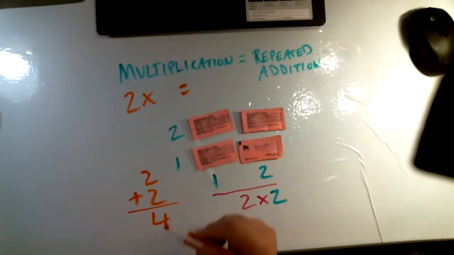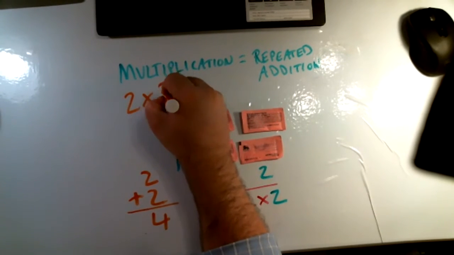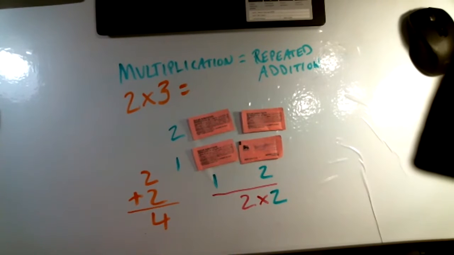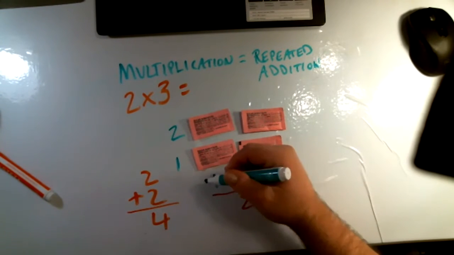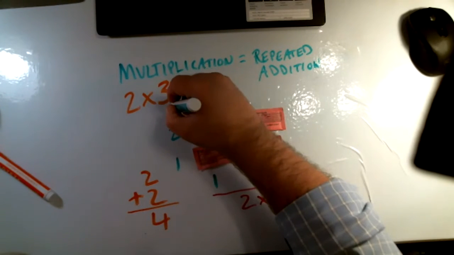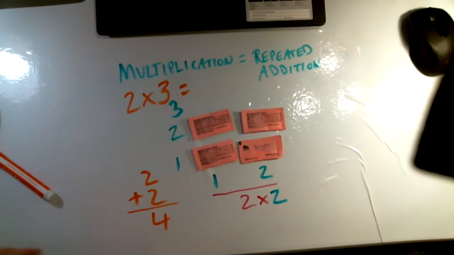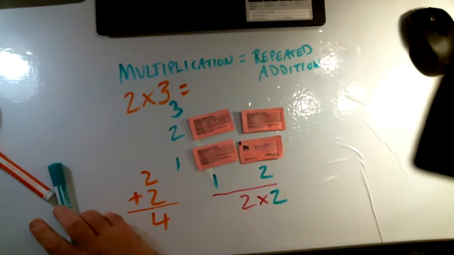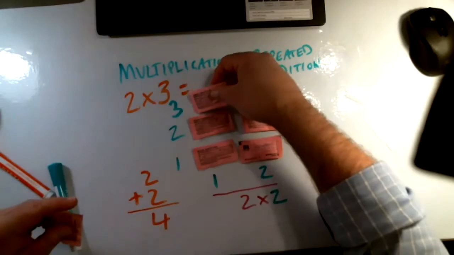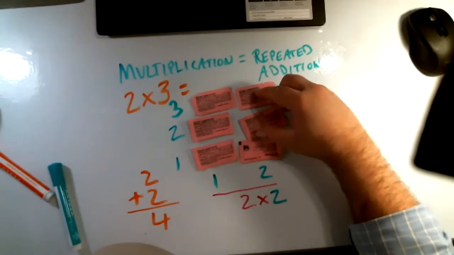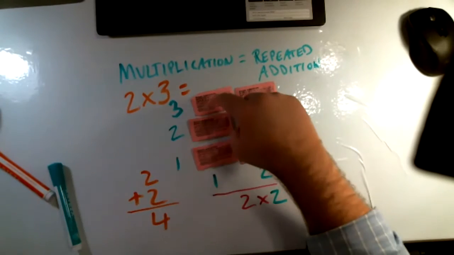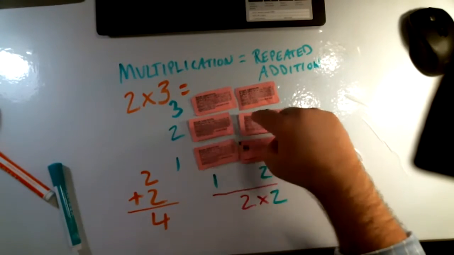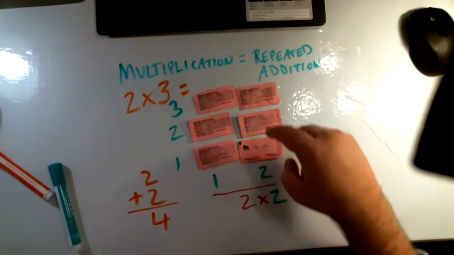And so now I got 2 times 3. So I go up here, and I add another row of the sweetener packets. And now I have 1 and I have 2. So that's 1, 2, 3, 4, 5, 6.